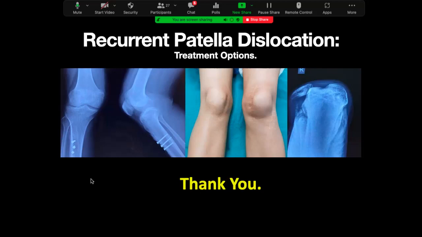That's why it's important for all of us orthopedic surgeons to detect patellar dislocation early. And like shoulder dislocation, if you go to the literature, they say that the second dislocation is not a second dislocation, it is a recurrent dislocation.